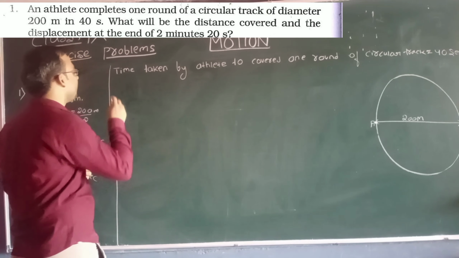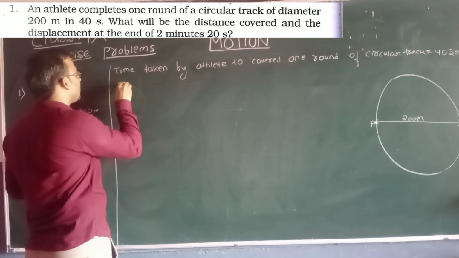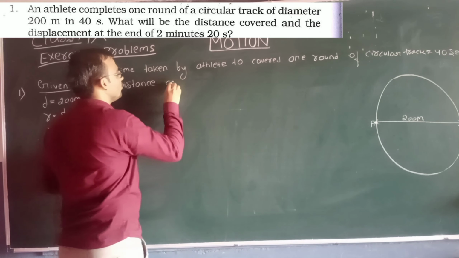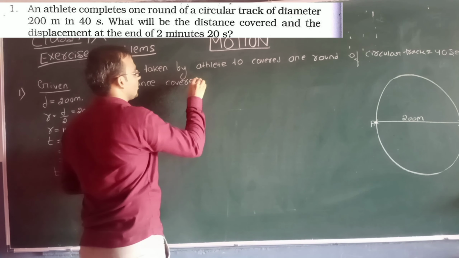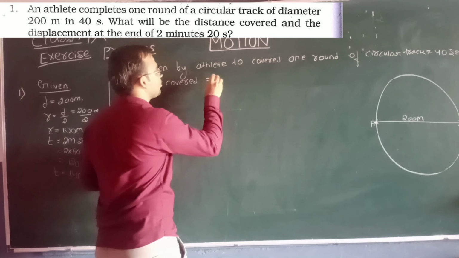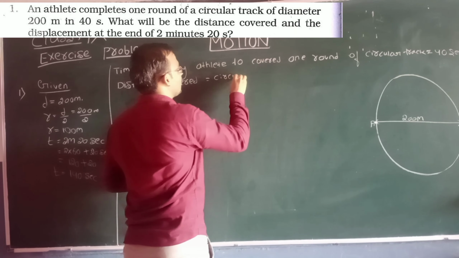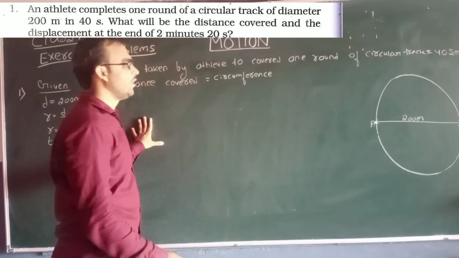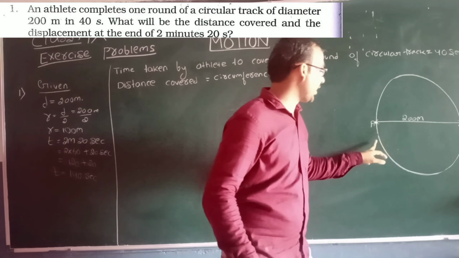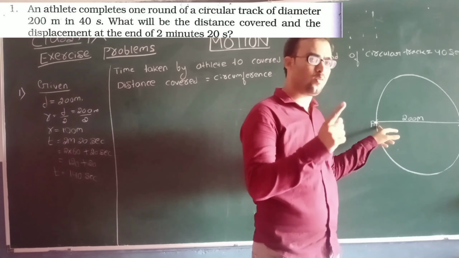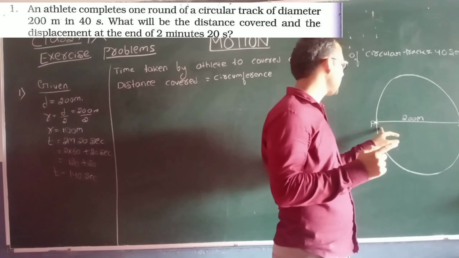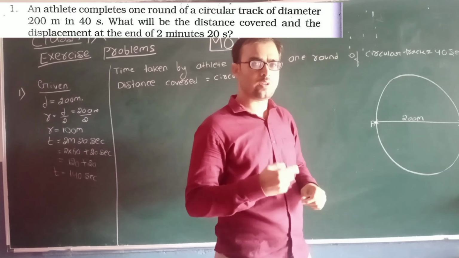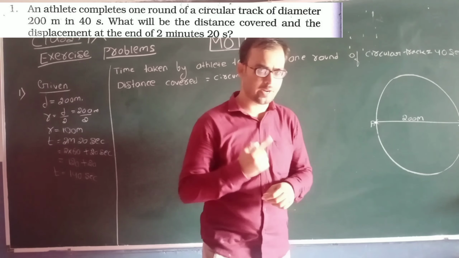Here, distance covered is equal to circumference. As he takes 40 seconds to go around the circular track once, he has covered the circular track once.